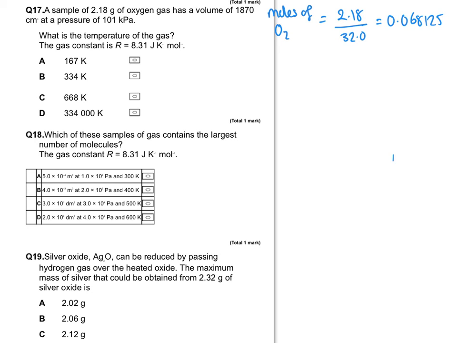Okay, once we've worked out the moles, we can use the ideal gas equation to work out temperature. Remember, your pressure has to be converted into pascals. And your volume has to be in metres cubed. It's come in centimetres cubed, so we need to divide it by 1,000,000.